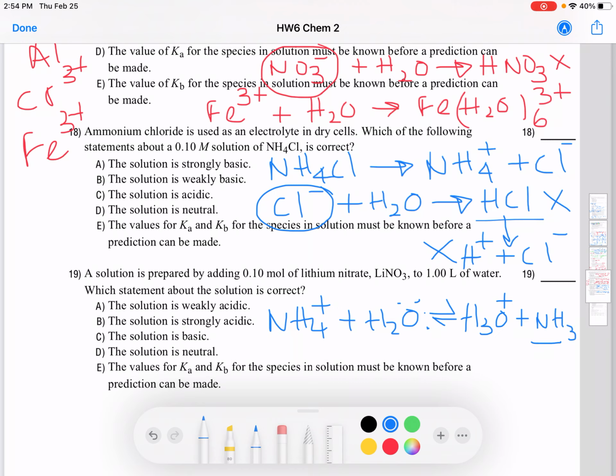So always look at whether it is going to release hydroxide or hydronium ion. If it releases hydronium ion, is the medium going to be acidic, basic or neutral? It's going to be acidic, right? Hydronium ion. So you can answer the question accordingly. And then number 19.